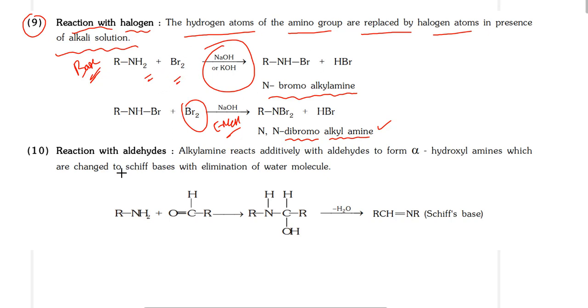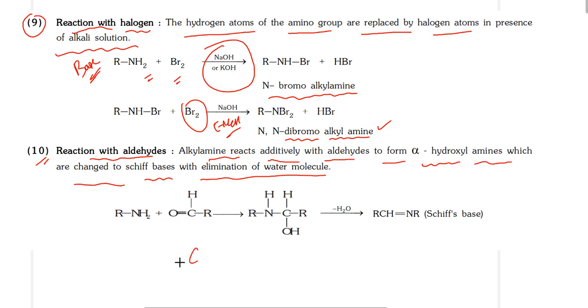Still the same. Next, reaction with aldehydes. Alkyl amine reacts additively with aldehydes to form alpha hydroxyl amines, which are changed to Schiff's base with elimination of water molecule. See, in the carbonyl compound chapter we already learned this topic.